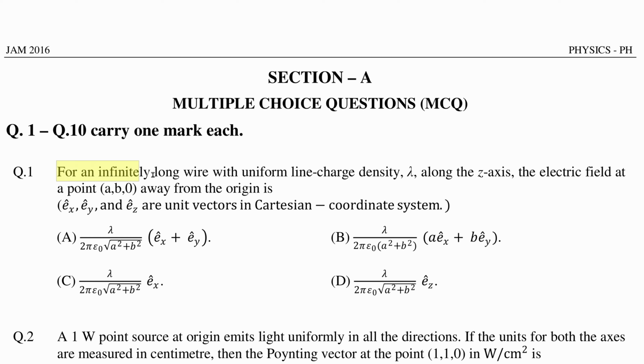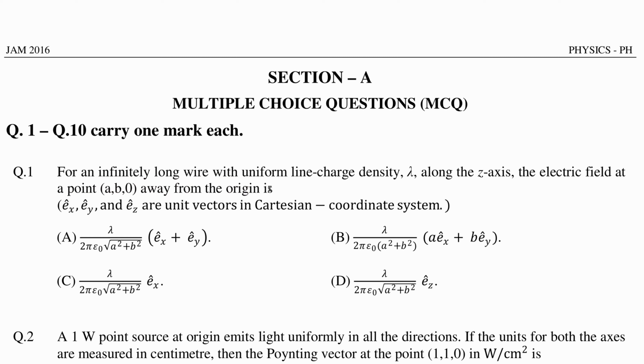If you read this, you have an infinitely long wire with uniform charge density lambda, and you consider that wire itself as the z-axis. Then the question is to calculate the electric field at any point a comma b, away from the origin.